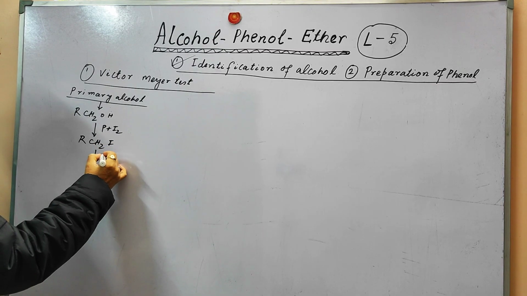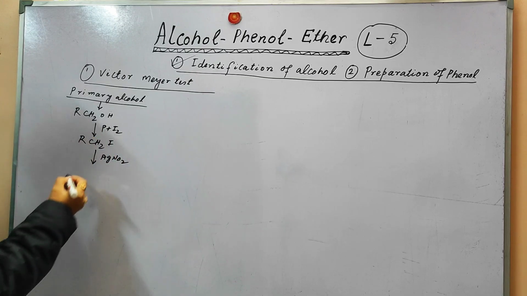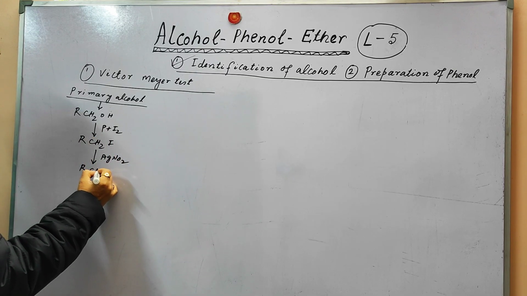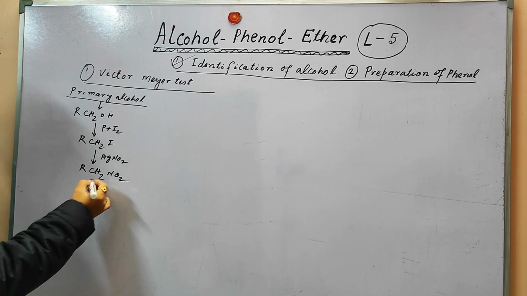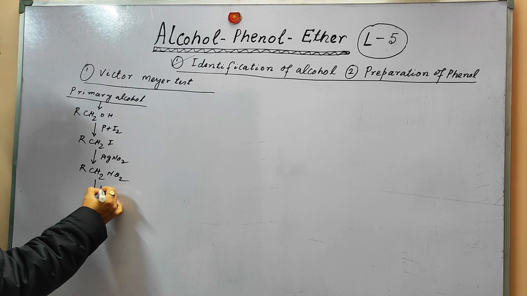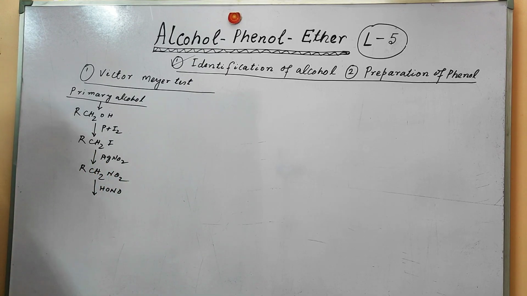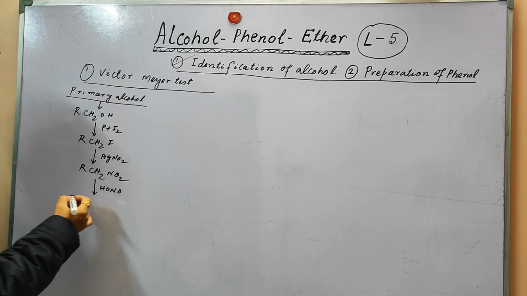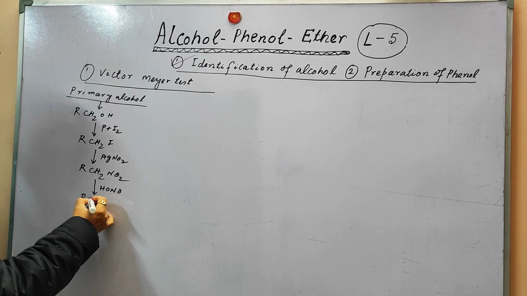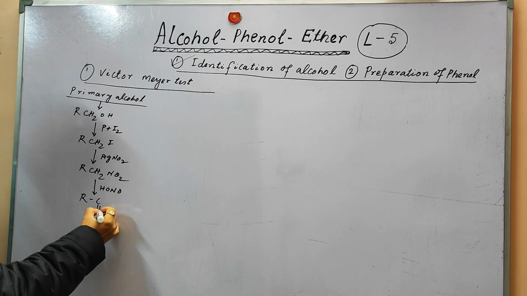After that, we react with AgNO2, and it will form the alkyl nitro compound, and after that it reacts with nitrous acid. Here there is an elimination of one molecule of H2O.